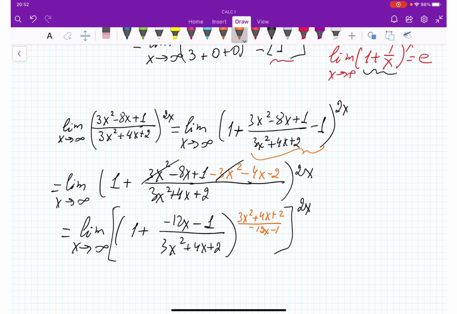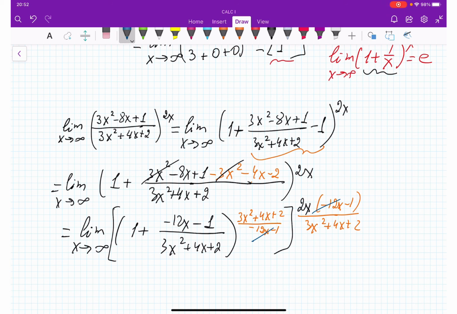Let me change this to a different color so you would know this is what I squeezed in, and therefore I'm not to unbalance the expression. Since I raised to this power, now for 2x I have to multiply by negative 12x minus 1 divided by 3x squared plus 4x plus 2. Why? So they can cancel each other, right? Because power to power, we need to multiply.